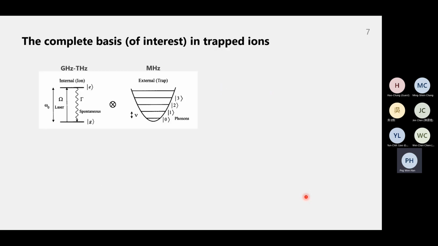So you know that we have 2 degrees of freedom. The first one is the qubit levels, and the other one is the motional levels. The complete basis of interest in trapped ions is the tensor product of these spaces.